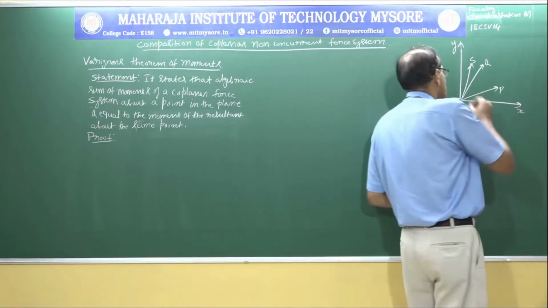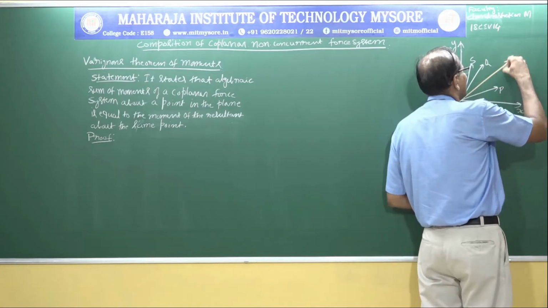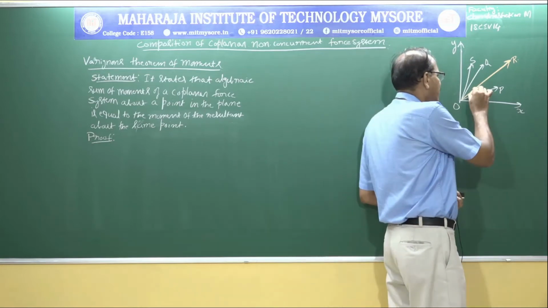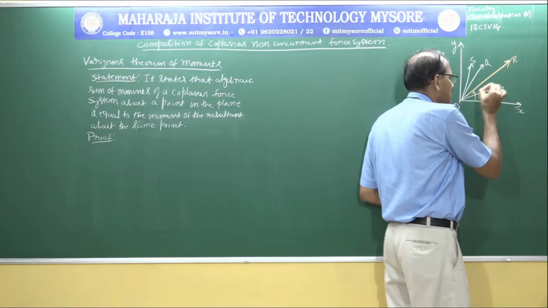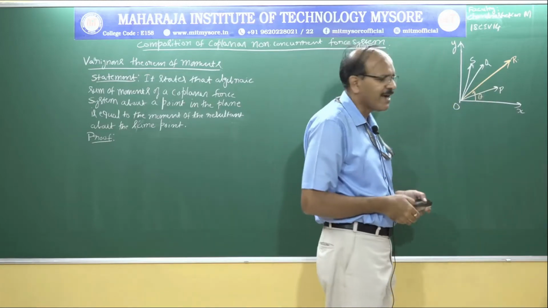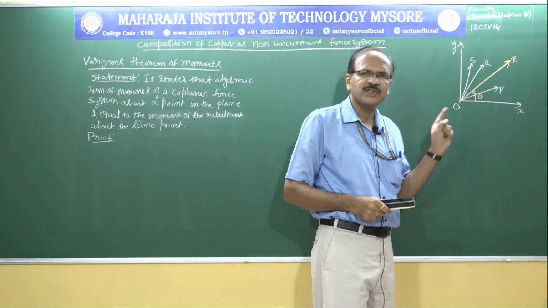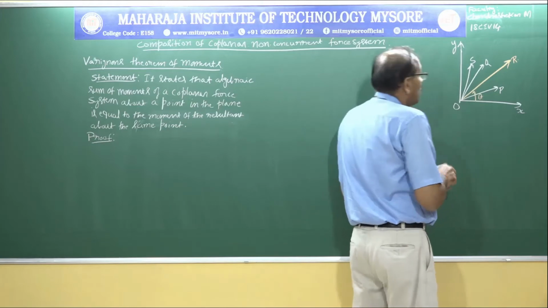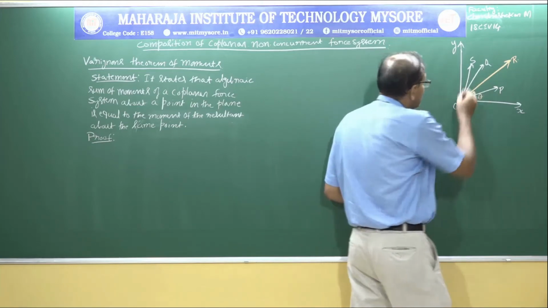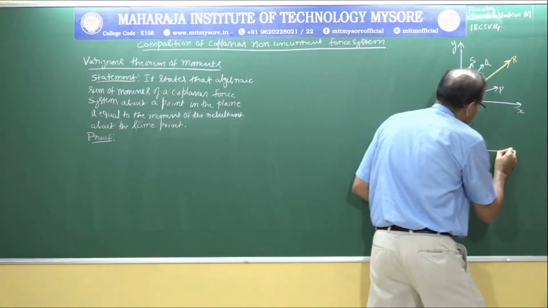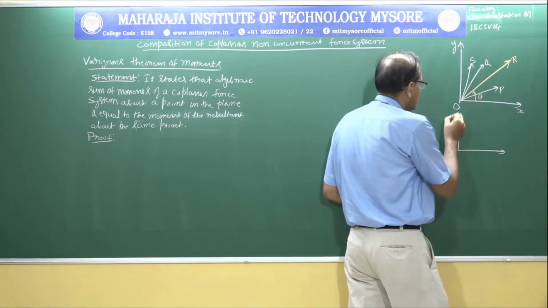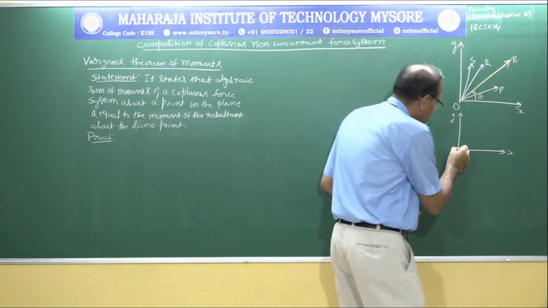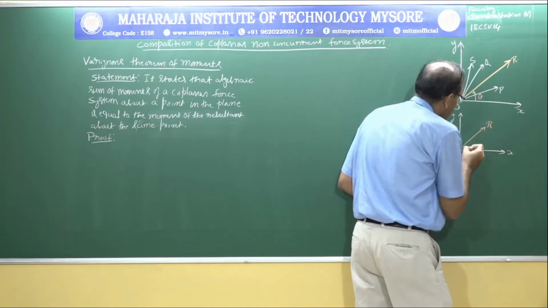So for these forces, let R be the resultant and let theta be the angle made by the resultant with respect to the horizontal axis. I am going to take this resultant, same point, same axis, and separate the resultant. So this is the resultant R, this is theta.